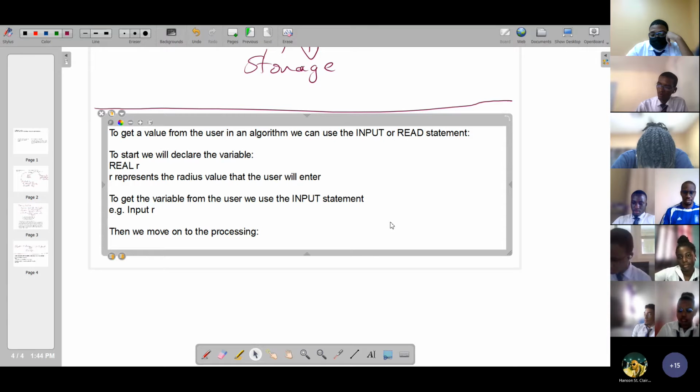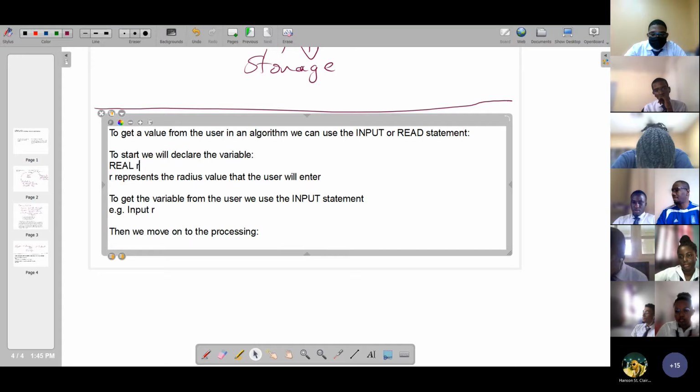The processing involves being able to do some calculations. So what else would we need in our processing? We need to store some values here. We stored some values upon input, but we also need to store some values during our processing.